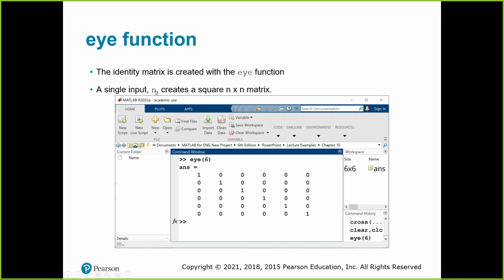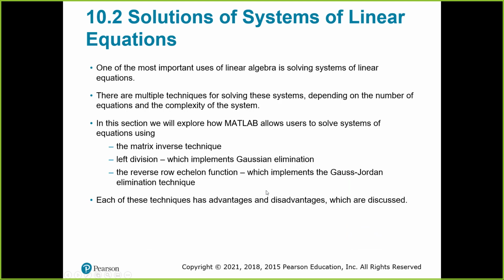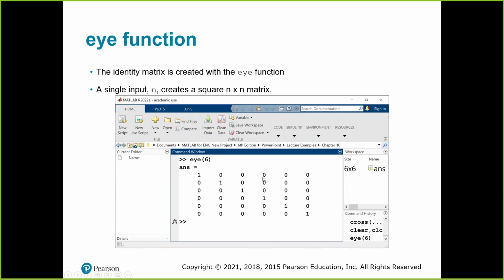If you use two values, like a 3 and a 4, it would give you 3 rows and 4 columns. The last column would be all zeros, so the diagonal will go down until it hits the bottom row, and then all the rest of them will be trailing zeros. I know that because I tried it before the lecture to make sure, and I remember reading that in the book, but it wasn't in the PowerPoint.